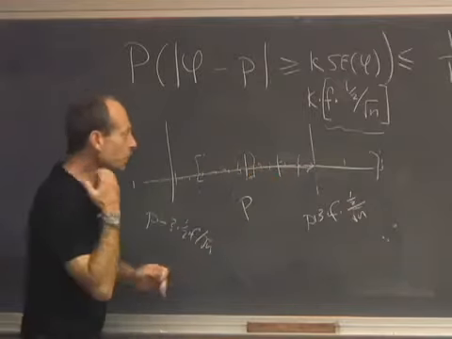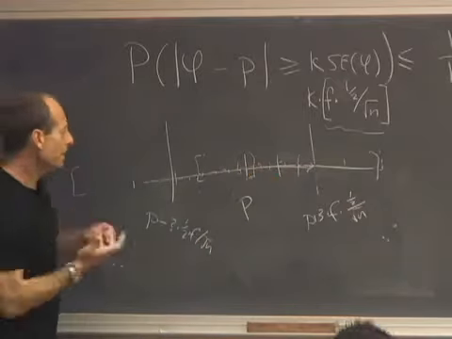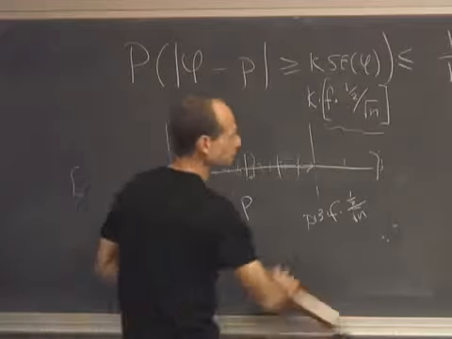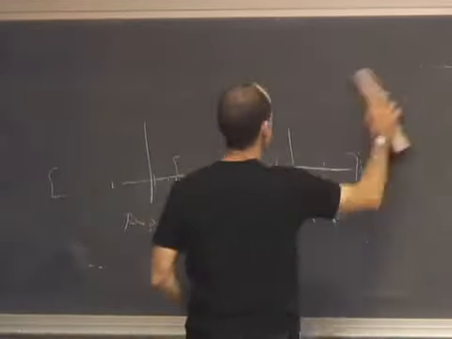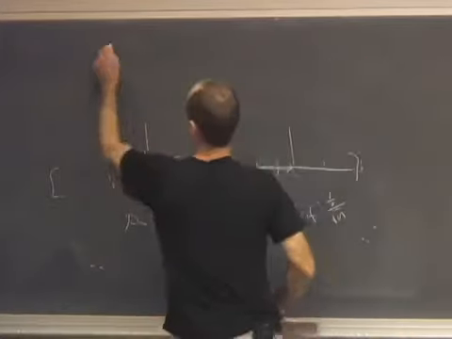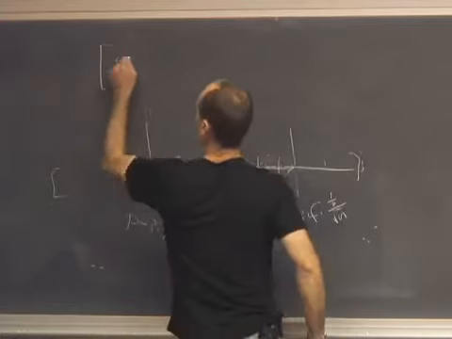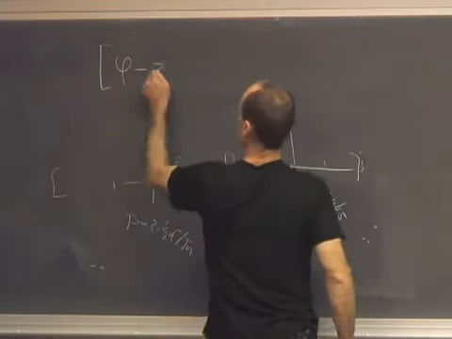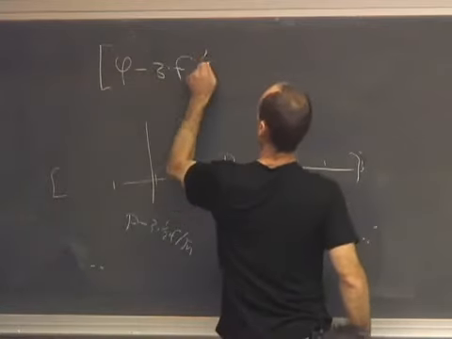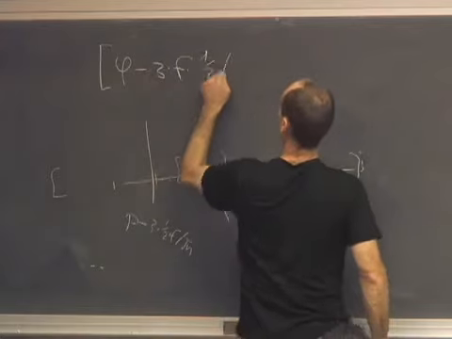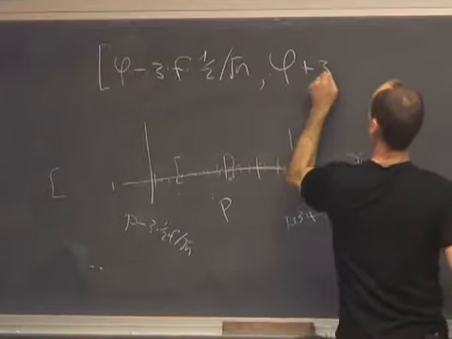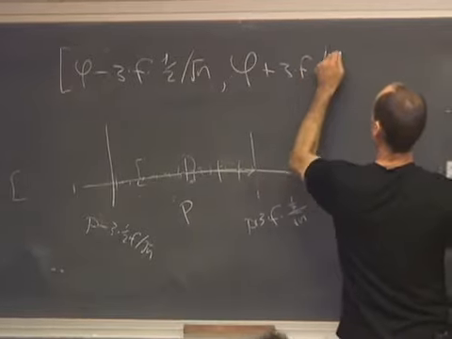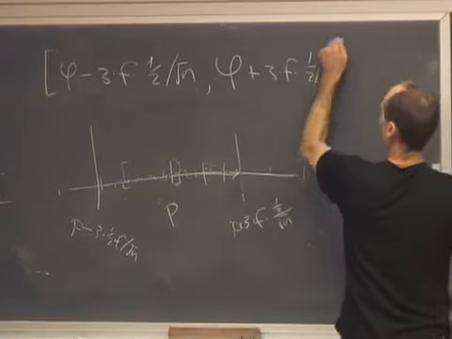Okay? So if I report it as my interval, the lower endpoint is phi minus 3 times f times a half divided by the square root of n, and as the upper endpoint of the interval, phi plus 3 times f times a half over root n.